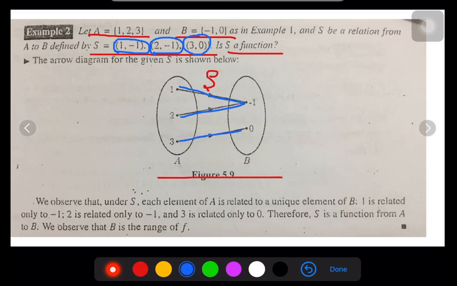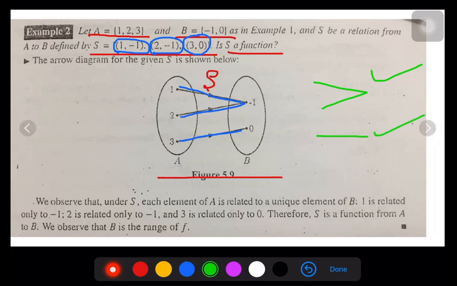So if you look at this, you have a greater than symbol here, but not a less than symbol. If the entire diagram has only greater than symbols, or greater than or equal to symbols, which are also allowed, then it is a function.